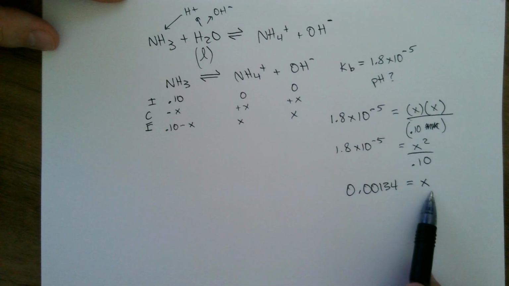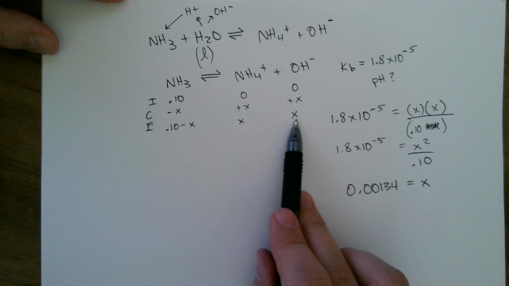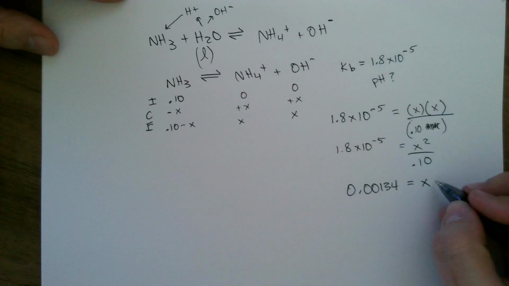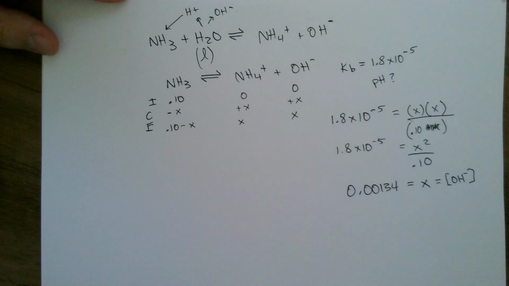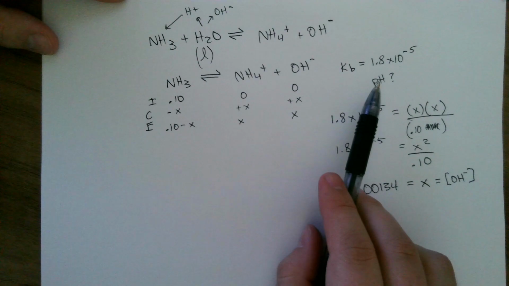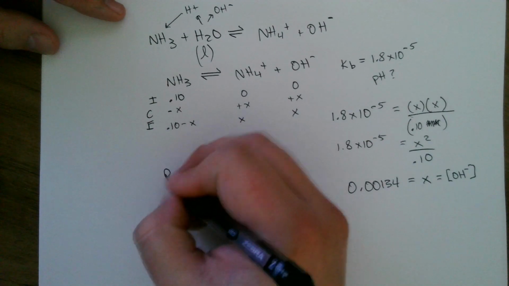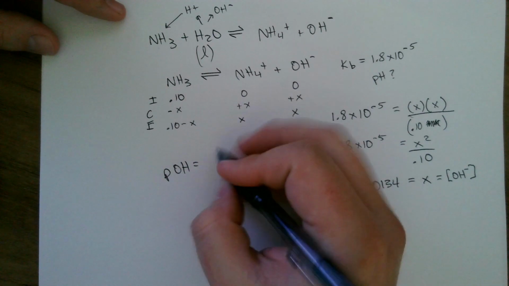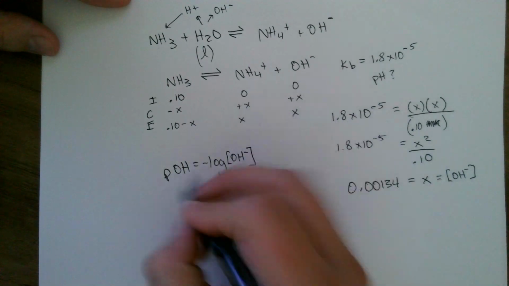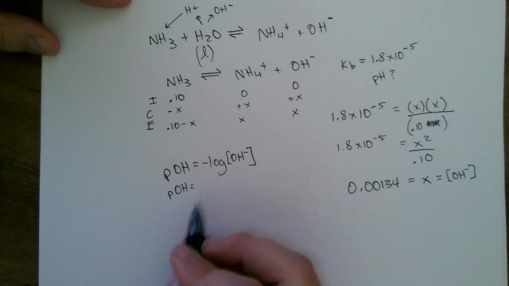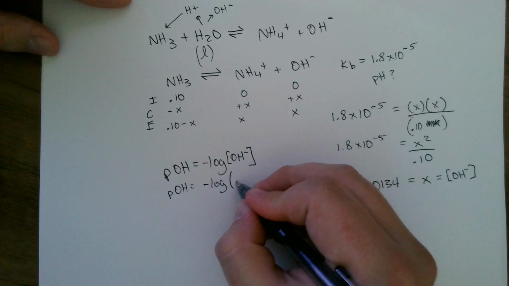Just like in the last problem, x tells me information if I go to my equilibrium row. What really matters here is that x gives me my OH- concentration. So this is also equal to the concentration of OH-. I want to find pH. This doesn't help me directly, but I can do what we did in the last problem: find the pOH and then turn that into pH. pOH is the negative logarithm of the hydroxide concentration, which is just this number.